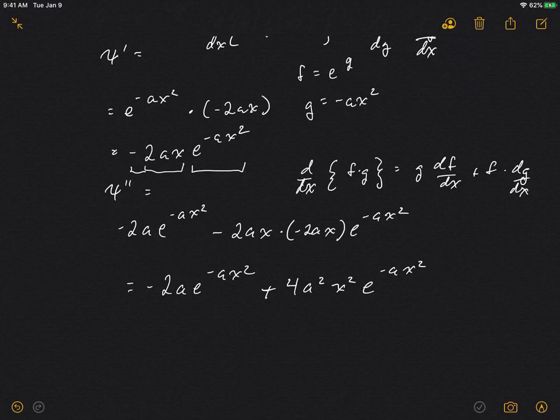So instead of trying to derive that, I'm going to start with the solution, and then we'll show that the solution works. When we plug this solution in, it has this form of psi equals e to the minus ax squared. It's that general form. It's slightly different, but it has the x squared in the key parts, the exponential and the x squared.